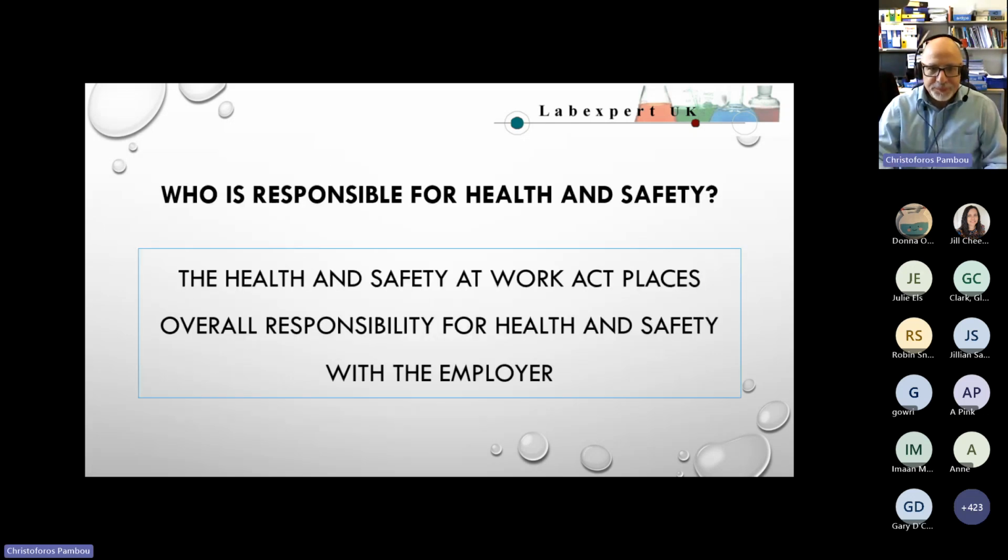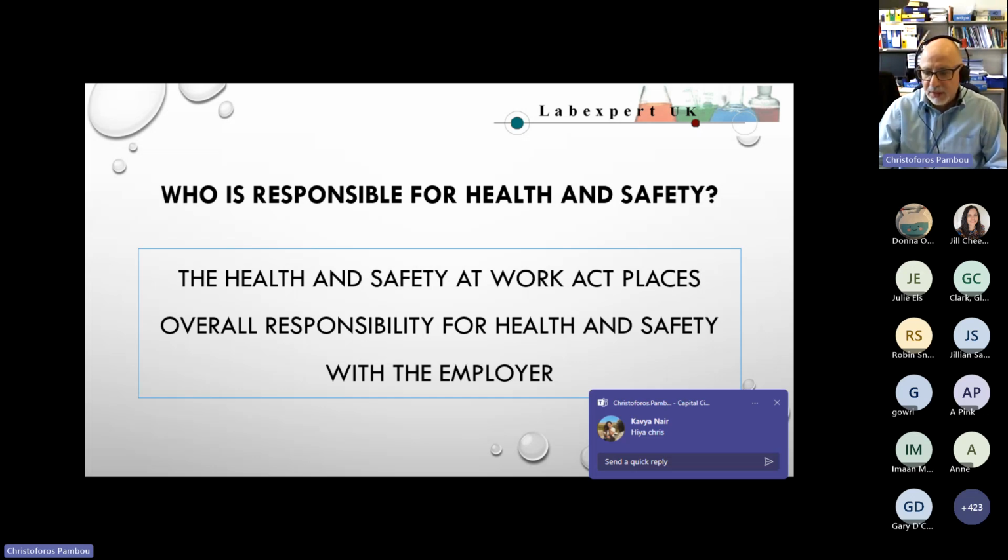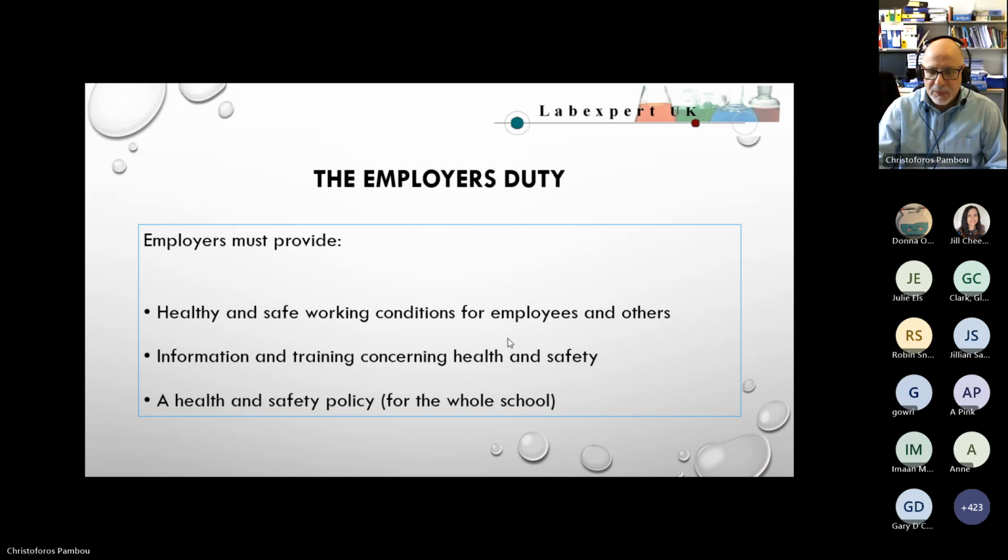So, who is responsible for health and safety? As we all know, the Health and Safety at Work Act places overall responsibility for health and safety with the employer. And what is their duty?